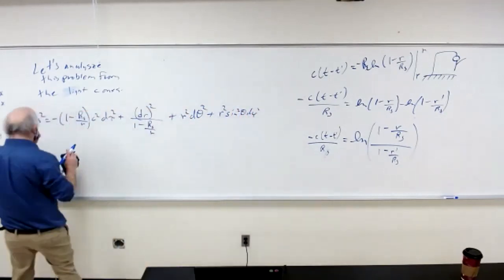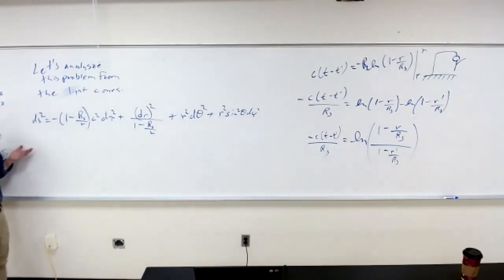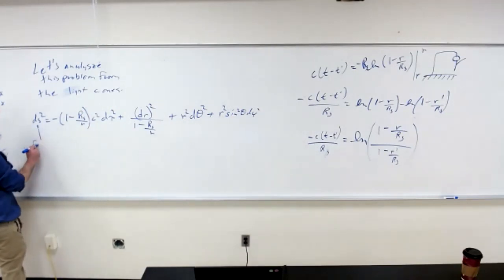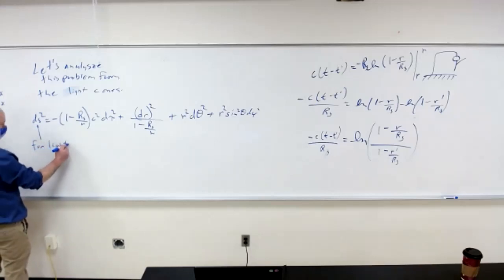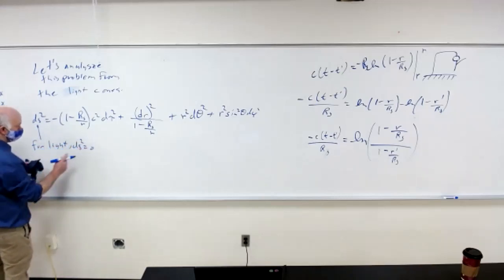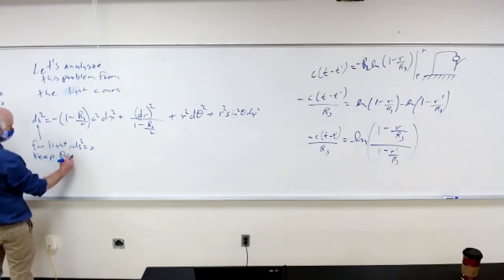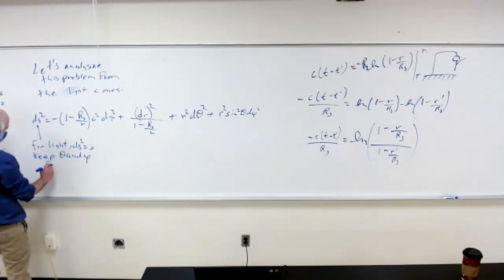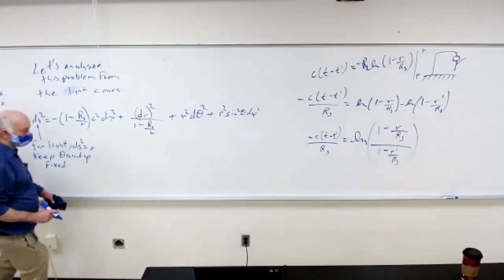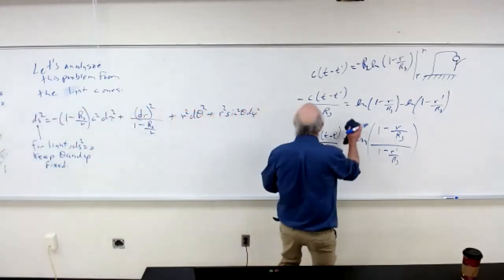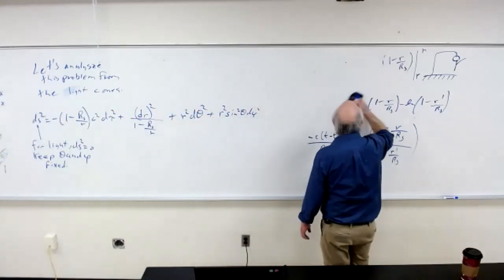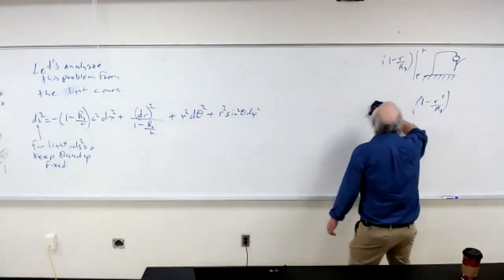There's a whole metric here. If you want to analyze light, what do you do to this equation? We didn't know about ds squared for light. It's 0. So for light, ds squared equals 0. And also we keep theta and phi fixed. So let's analyze this, and we've seen this before, but I did it really, really fast.